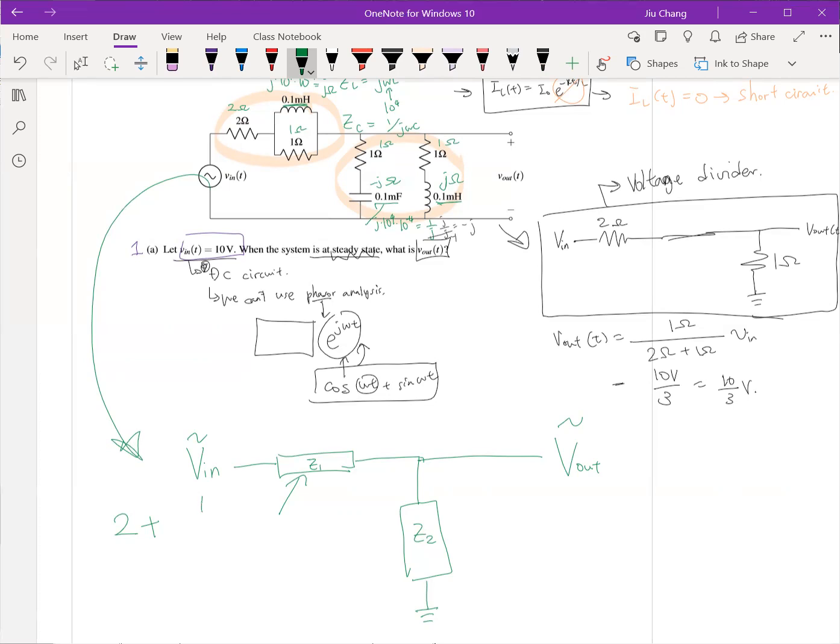So that would be a reciprocal: 1 over one of the impedances, which is j, plus 1 over the other impedance, 1, should be equal to the total impedance reciprocal.